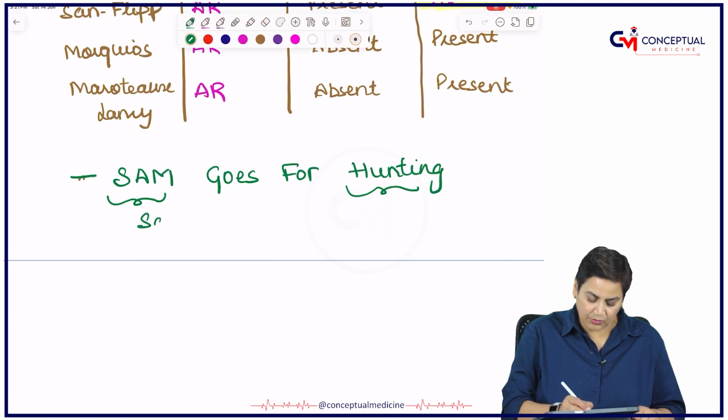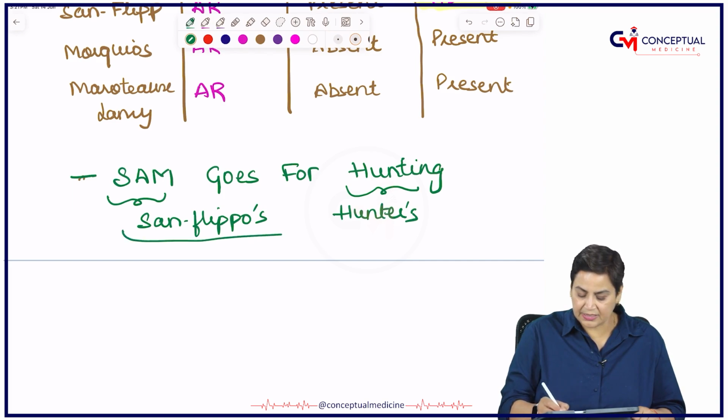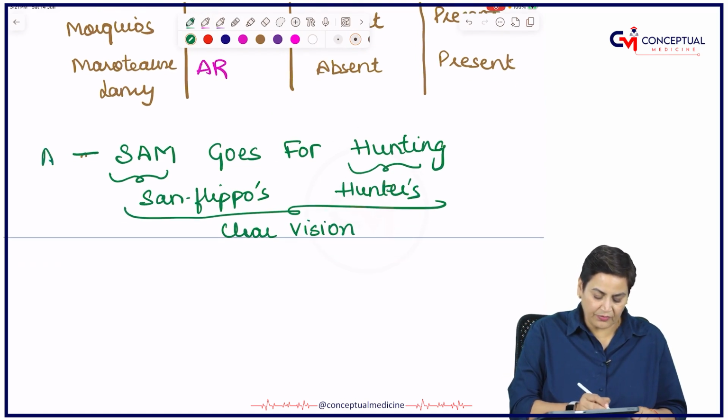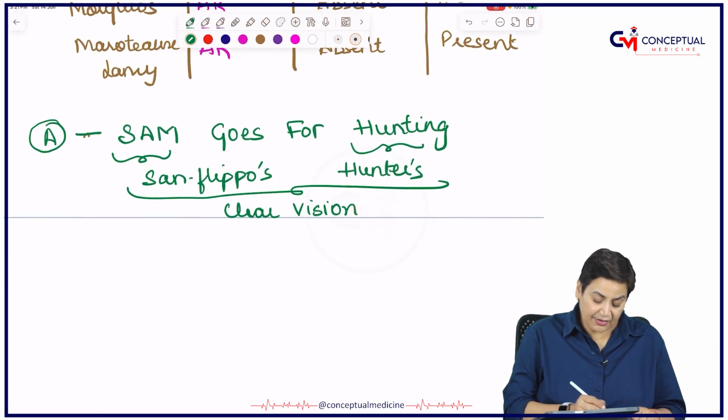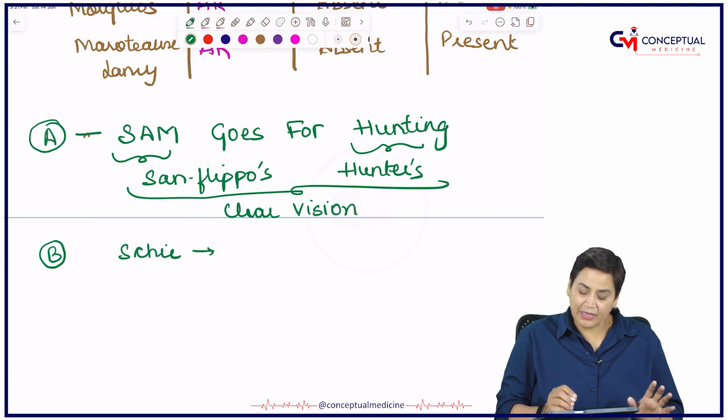So Sanfilippo and Hunter, the vision is clear. No corneal clouding is there. This is one very important point which you have to remember. Second, if we talk about Scheie disease, always remember that in Scheie disease, obviously normal intelligence will be there.